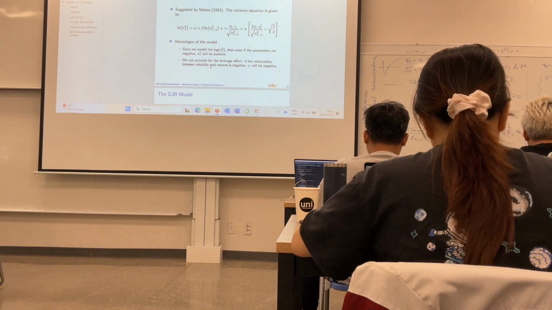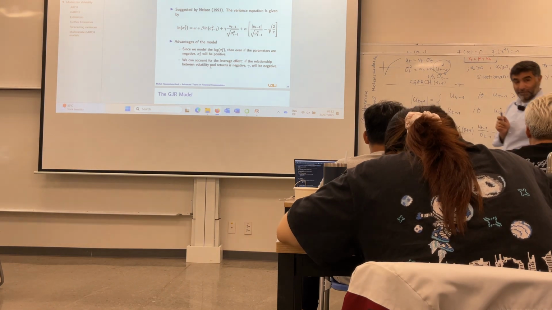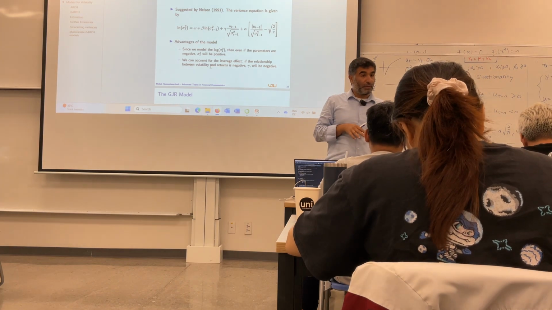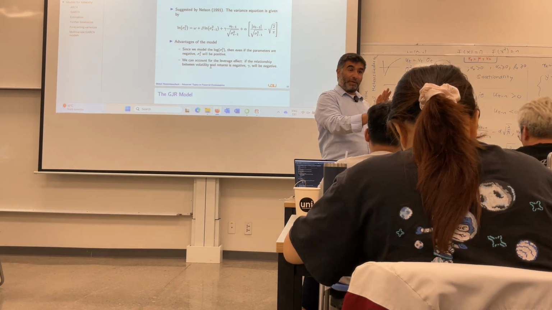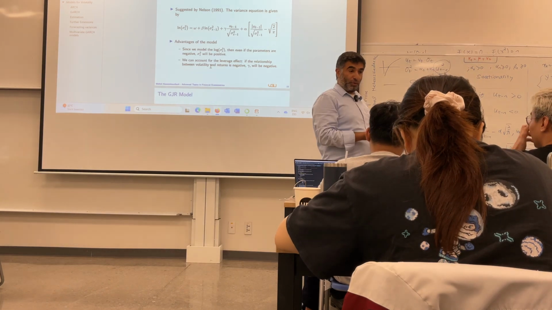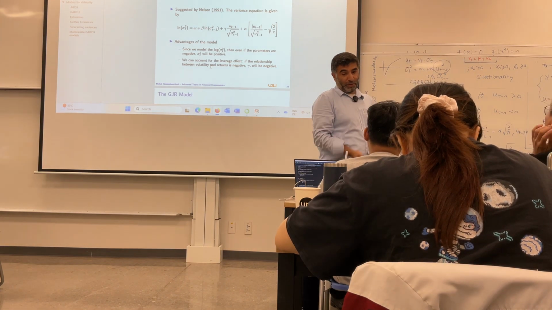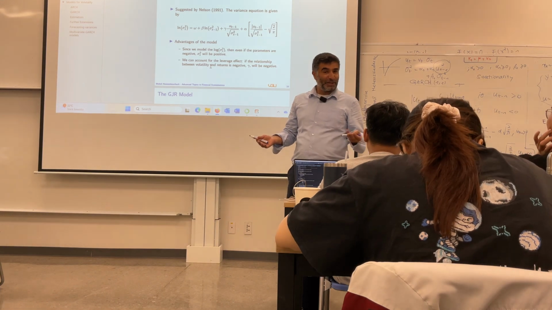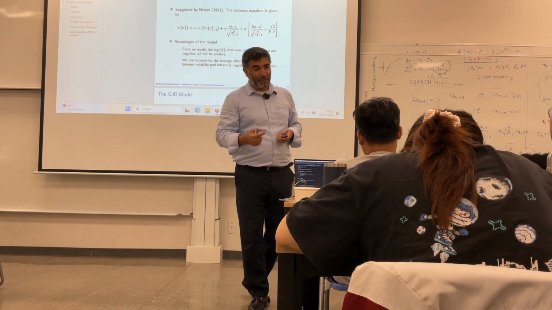It means when the shocks are negative, the returns are below the mean. So we expect them to go up, because they're below the mean; otherwise the mean will not be the mean. So we need them to go up.